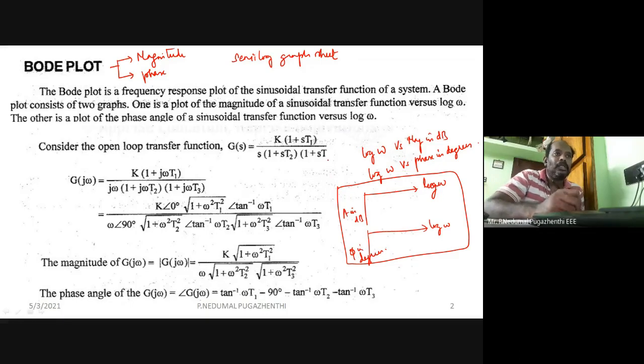As usual, writing out the magnitude terms and the phase terms from the given transfer function is similar to that of your polar plot, but every term will be categorized in terms of the type of factors you have.